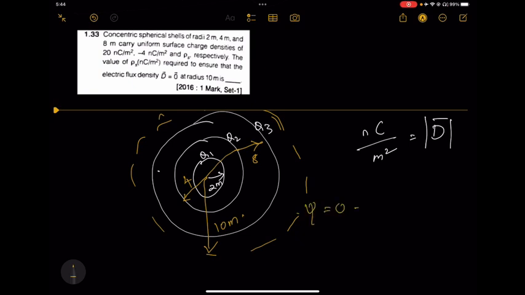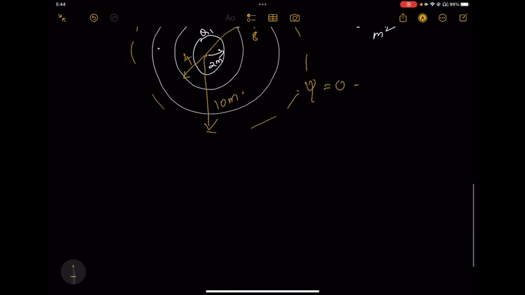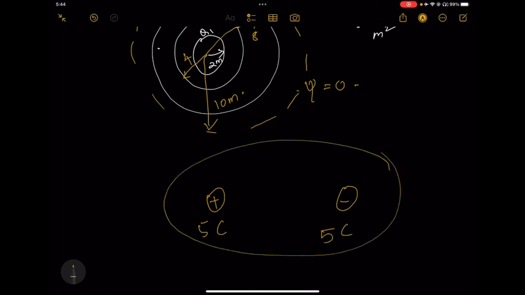When will the electric flux be 0? If you take 5 coulombs of plus charge and minus 5 coulombs of minus charge, and enclose them, the total flux coming out will be 0.